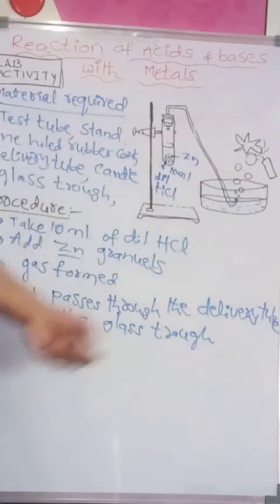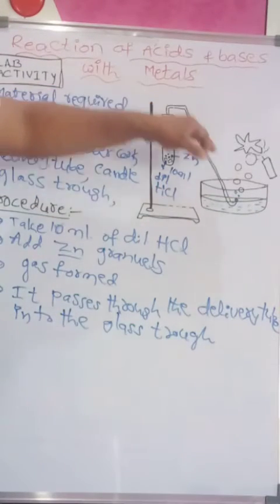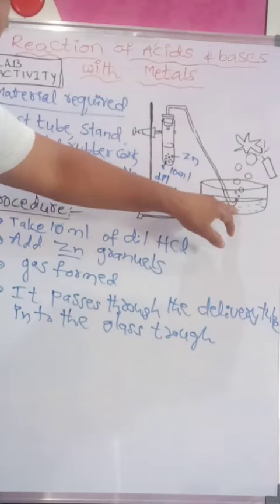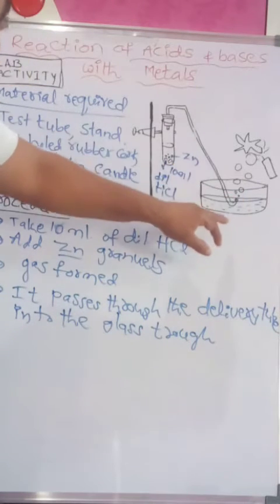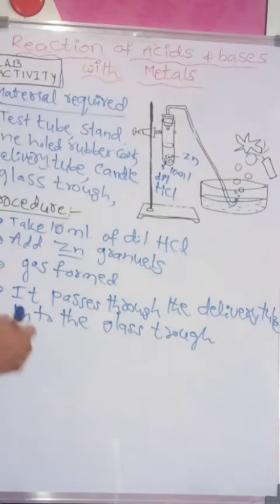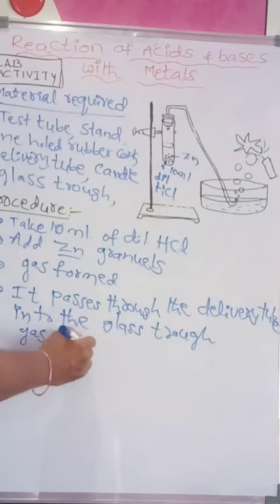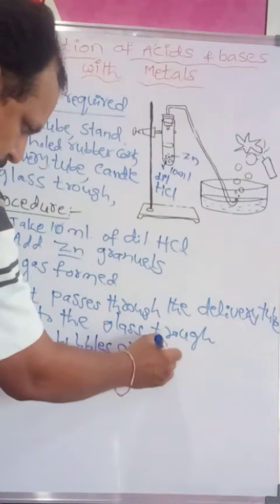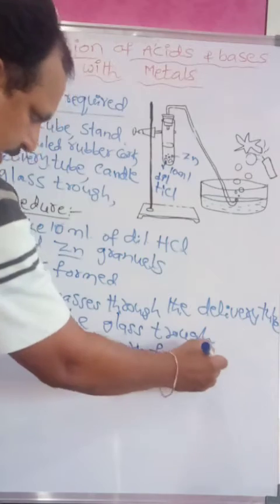What happened when the gas passed into the glass trough? Gas bubbles are formed and rise into the air.